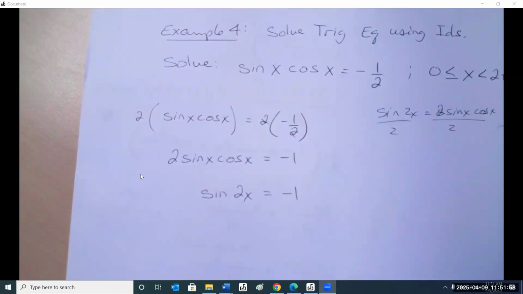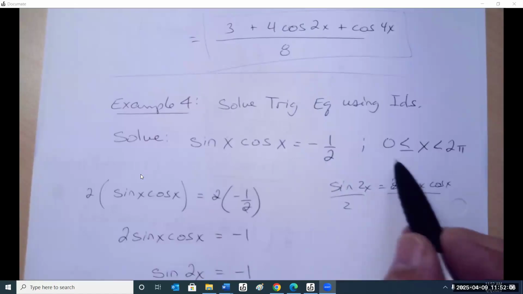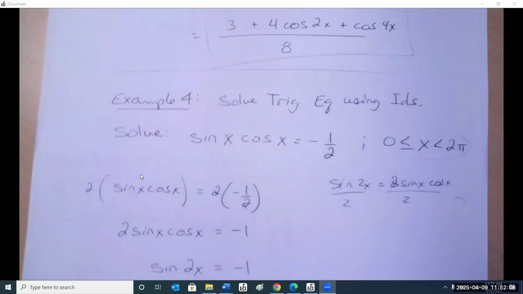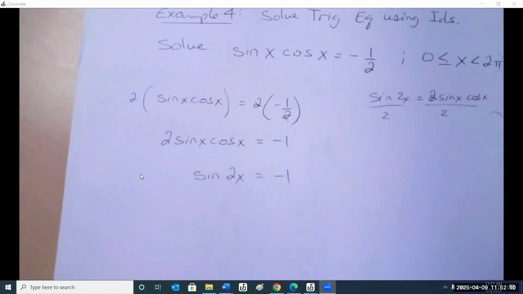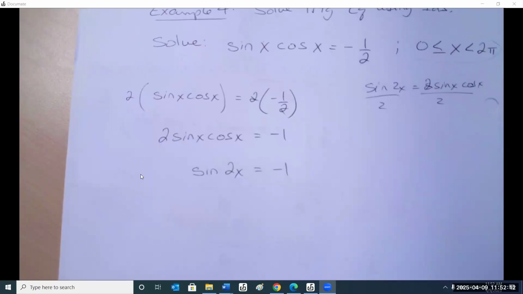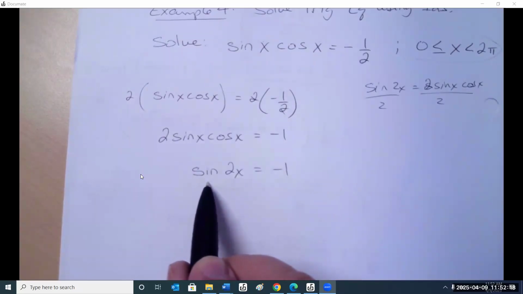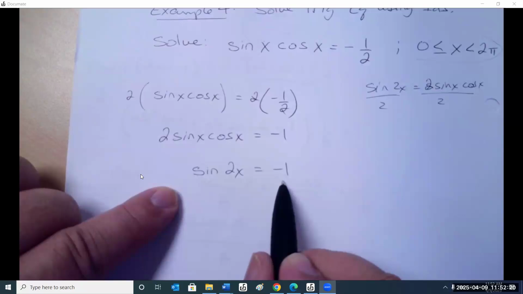So what do we know so far? What do we have to find? We're solving for x. What does x have to be to satisfy this condition? Where is sine equal to -1?